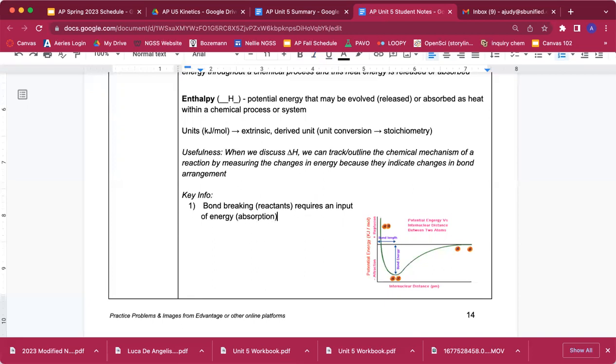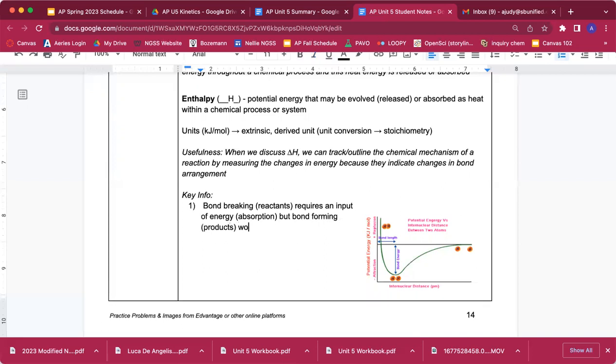But bond forming, i.e. the formation of the products, involves the release of energy as it is stabilizing.